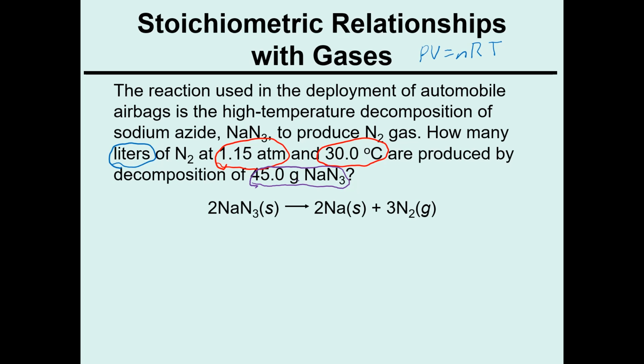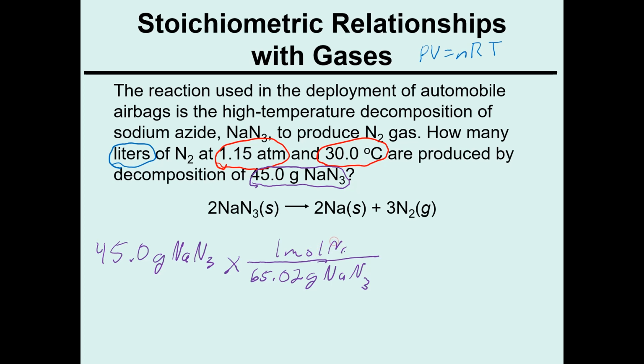So let's start with the 45 grams. And we need to convert grams to moles. So if you calculate the molar mass of sodium azide, it comes out to 65.02 grams of sodium azide per 1 mole of sodium azide.